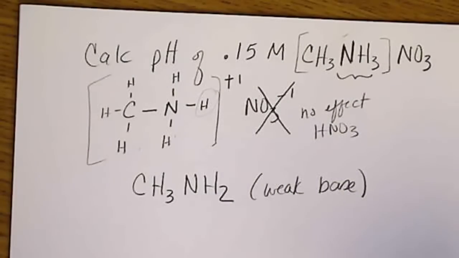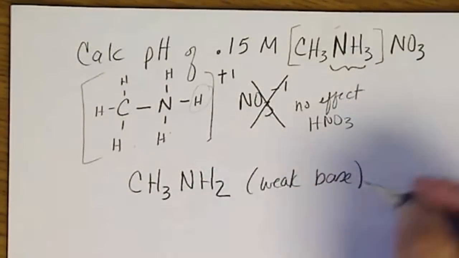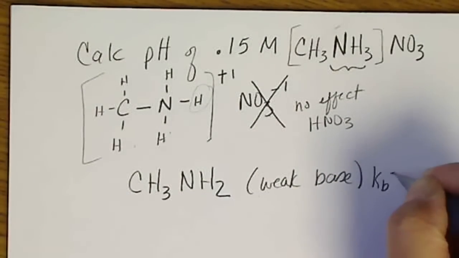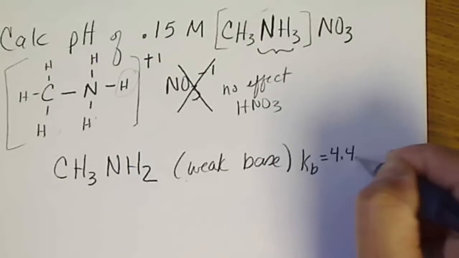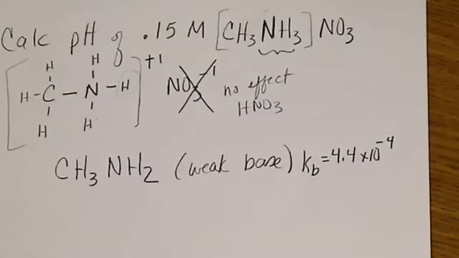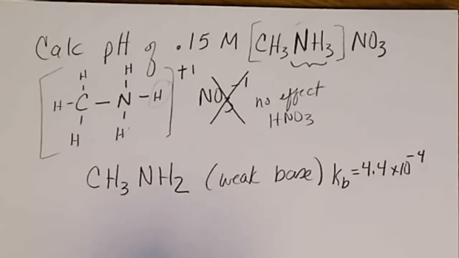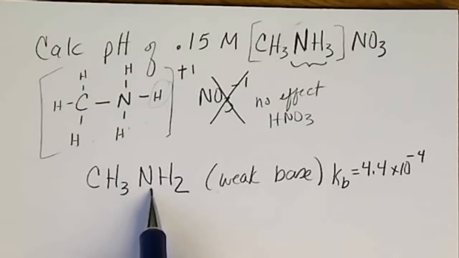Of course, I changed the concentration, so we won't really care about that. But if we look here, the Kb for this from the table was 4.4 times 10 to the -4th.